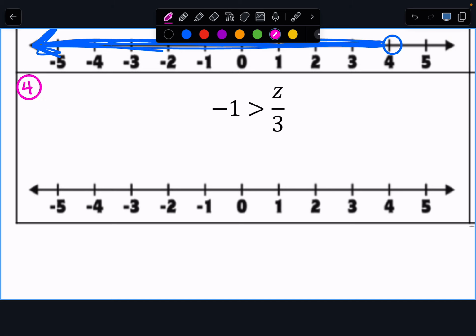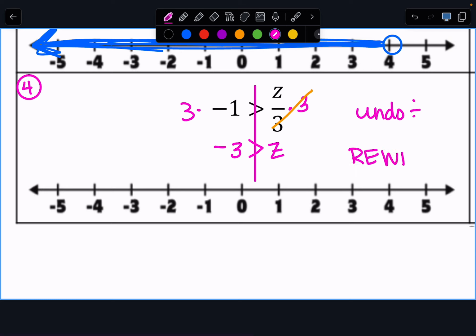In number 4, what should we do to both sides? We need to undo that division by multiplying by 3 on both sides. So we get negative 3 over here, and z is now by itself. However, if my variable's on the right side, I want you to rewrite it so that it's on the left.